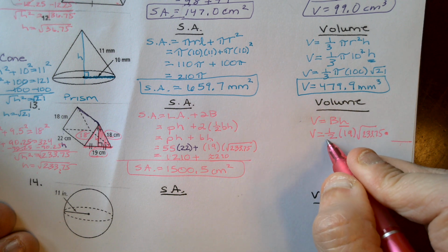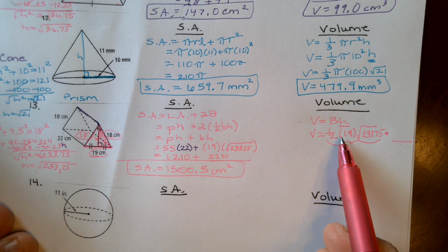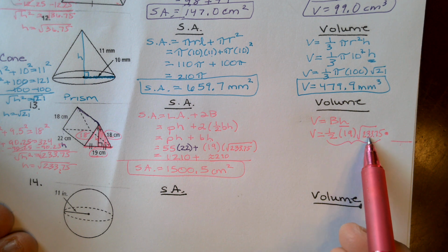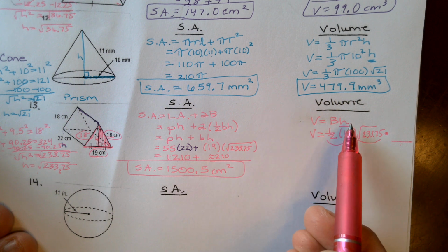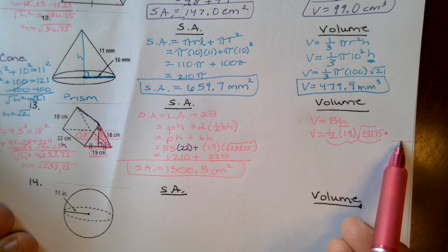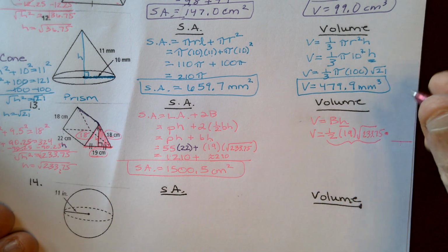So remember, this whole thing was the area of the triangle: 1/2 of the base of the triangle times the height of the triangle. I'm only looking at the triangle, times the height of the whole prism from here back to here. It's 22.